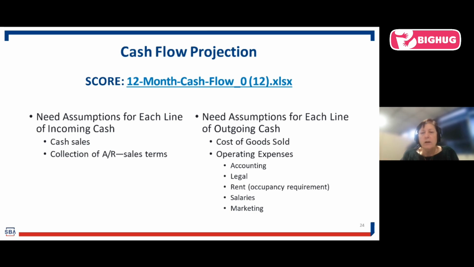On that rent, what you can do there to help your lender is get a draft copy of a lease, not a signed lease, the draft copy, so that the lender can see what the landlord is willing to do for you in terms of those lease payments and when you're going to have lease increases in your facility. Next slide, please.